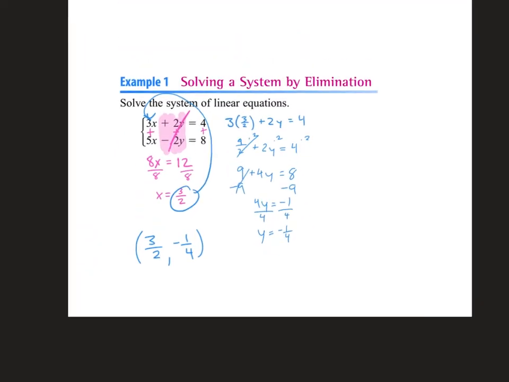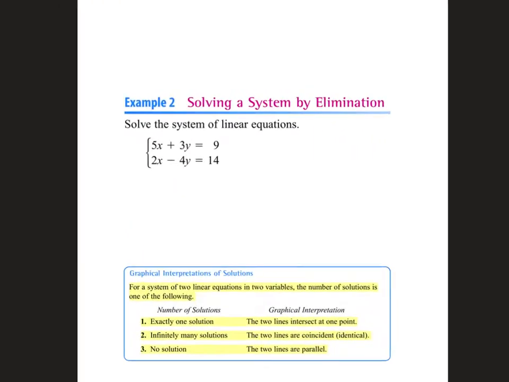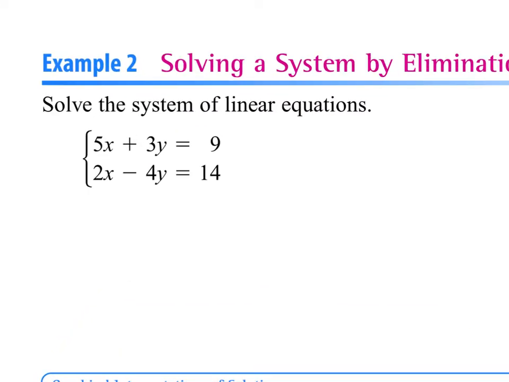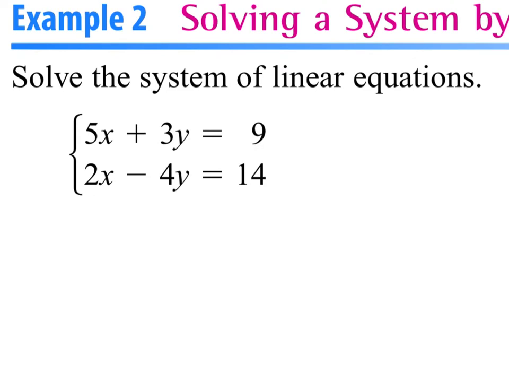All right, let's look at example 2. Sometimes we're not as lucky where we can just cancel them out right away. Sometimes we have to multiply one of our equations by something to get the same number but opposites, so they'll cancel. So what should we multiply and by which equation to get what to cancel here?